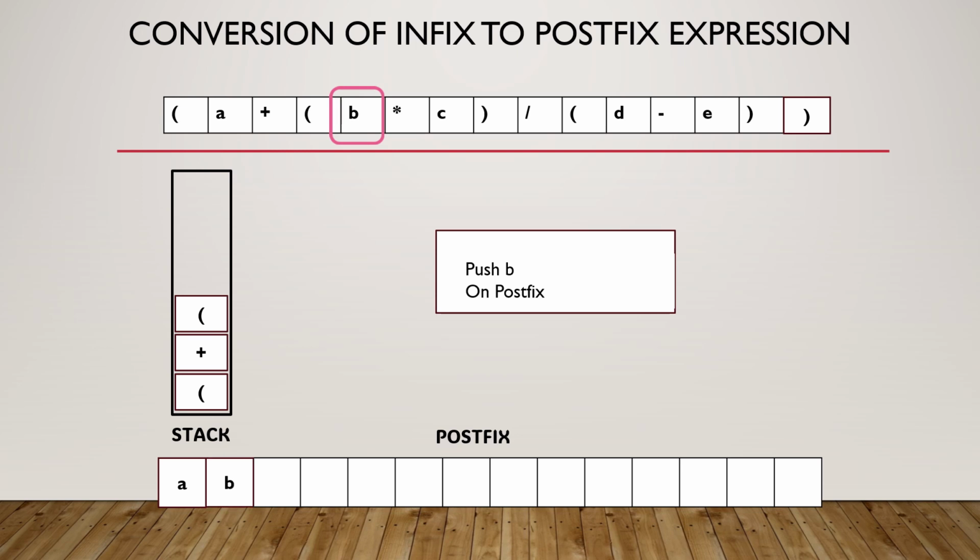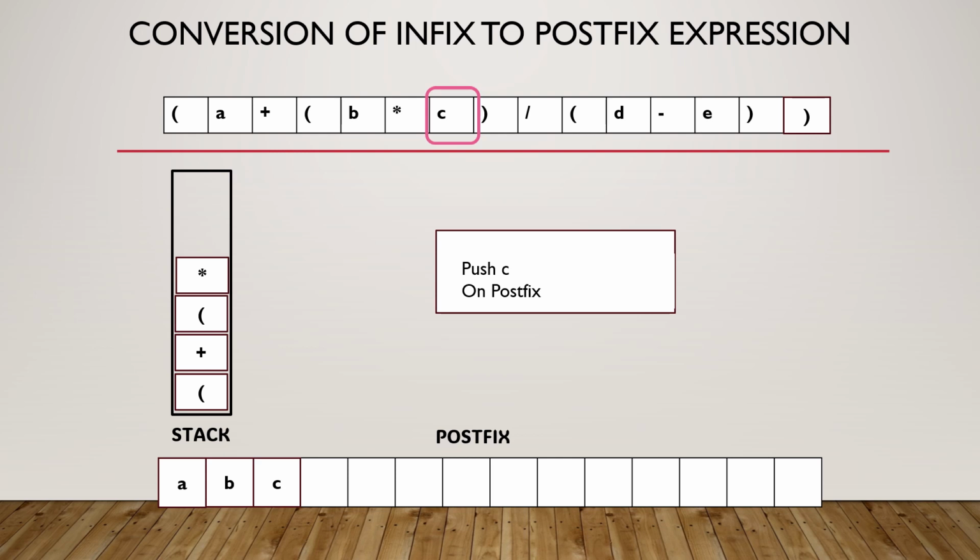The next operator is the multiplication operator. There is no need to check the precedence level because it's inside the open bracket. So the star is directly pushed on the stack. The next one is c, not an operator, so we take c to the postfix.